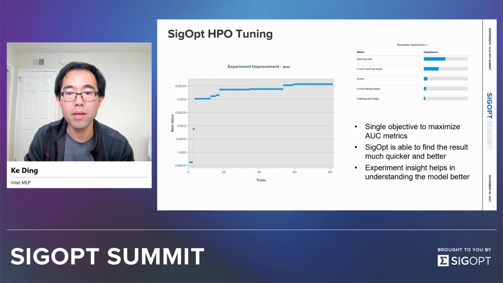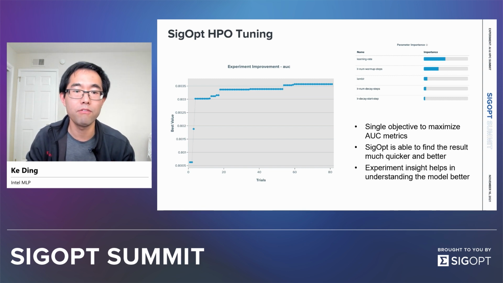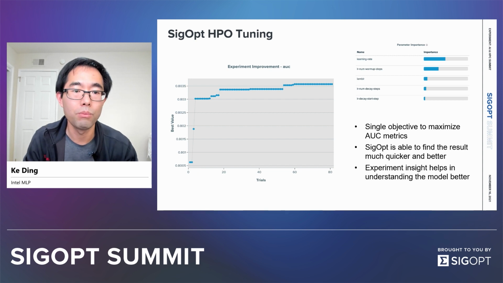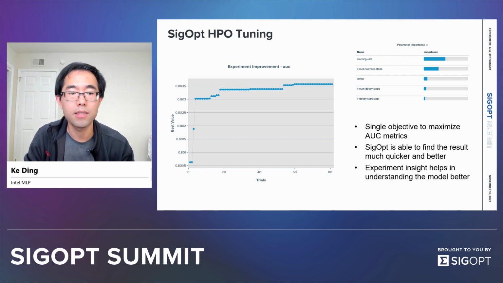The DLRM AUC convergence threshold is 0.8025. SigOpt only takes a few experiments to exceed this threshold. Within the experiment budget, the optimization result gets improved further, and eventually it's able to find a very good AUC score that helps the DLRM converge quicker.